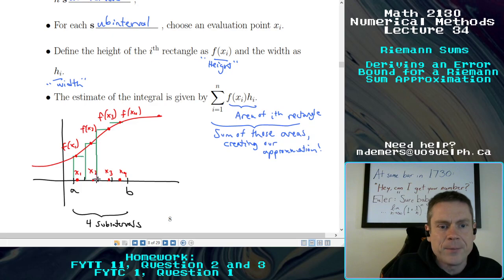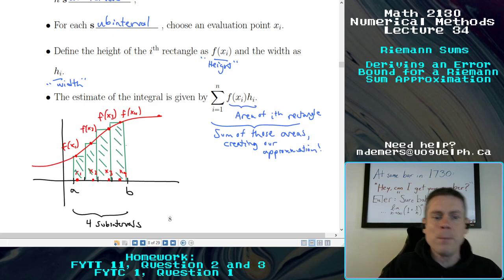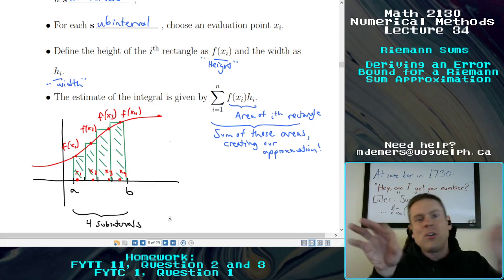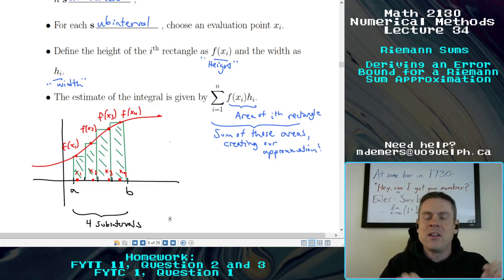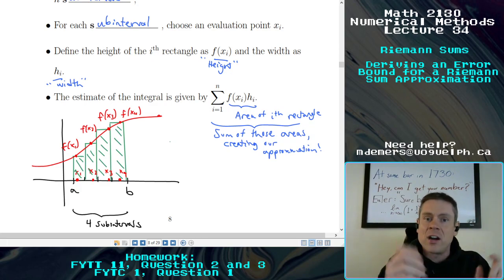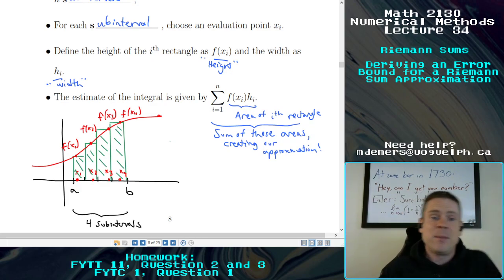This is not perfect, but it's fine enough for demonstration purposes to remind you how this works. The true area under the curve is approximated by the area of those rectangles. And I've chosen one point in each of those subintervals, but I could have chosen the point anywhere to get slightly different estimates. But the idea is that the more rectangles that we have, the skinnier the rectangles are, the better the approximation tends to be.